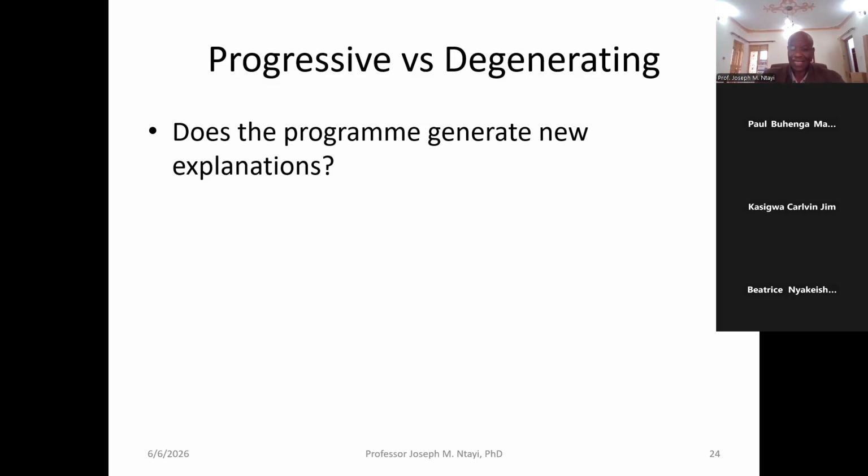Now, a degenerative research program, ladies and gentlemen, merely protects a particular theory from falsification through what we call ad hoc modifications. Somebody will come up with a program, undertake research, and generate new knowledge that is very fine and widely accepted by scholars in that discipline.